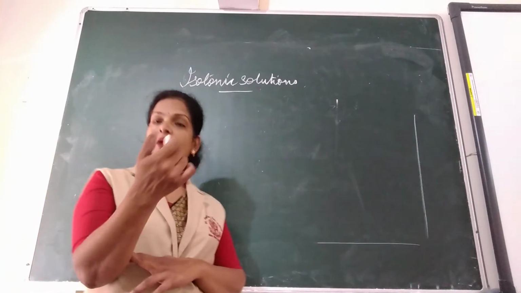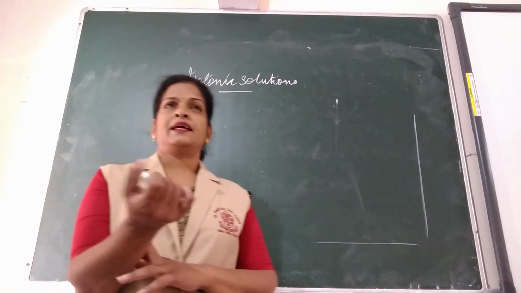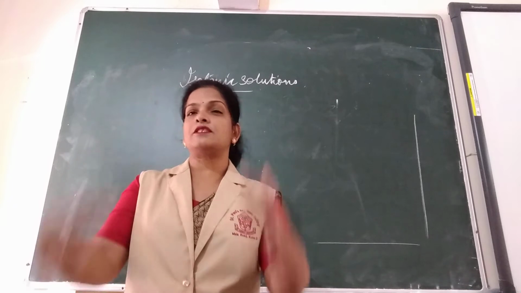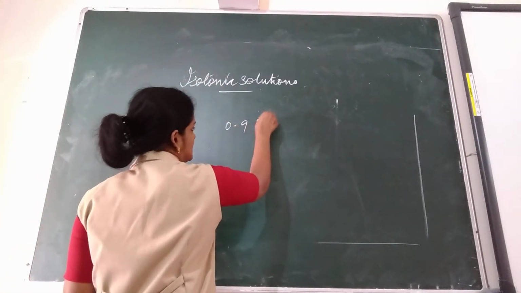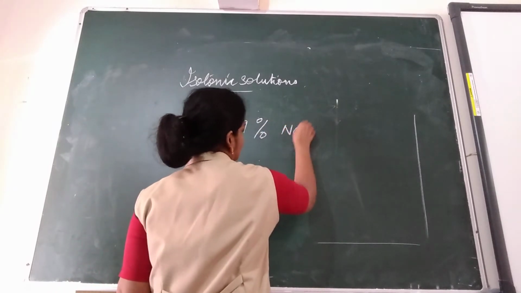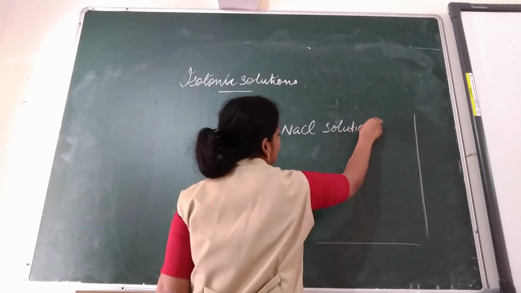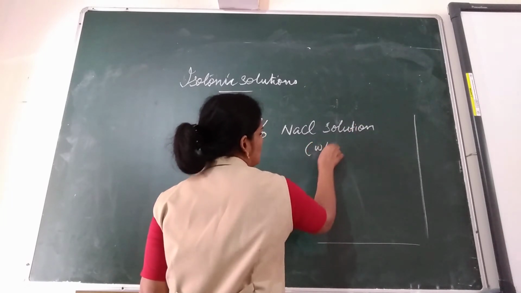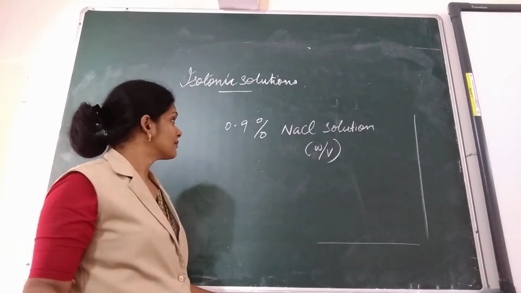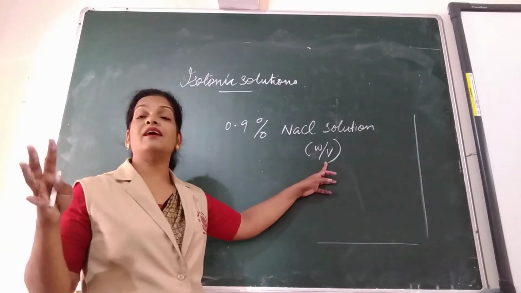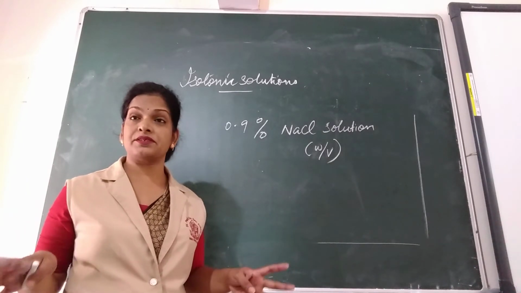The fluid in our blood cells, RBC, has the same osmotic pressure as that of 0.9% NaCl solution. That is W by V. In the case of osmosis, percentage means you have to consider 100 ml solution. Normally we take it as 100 gram solution.